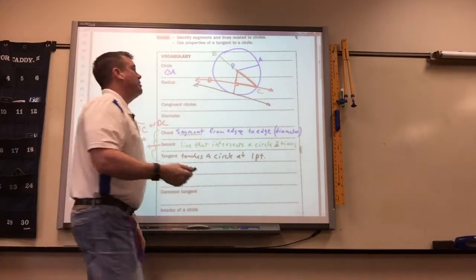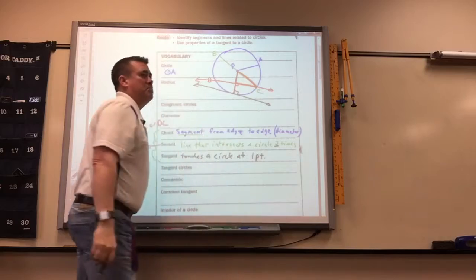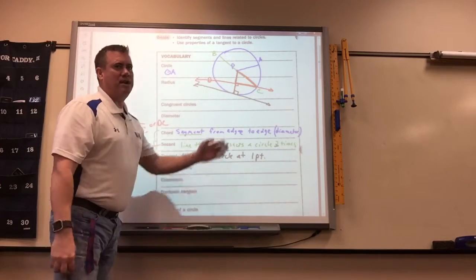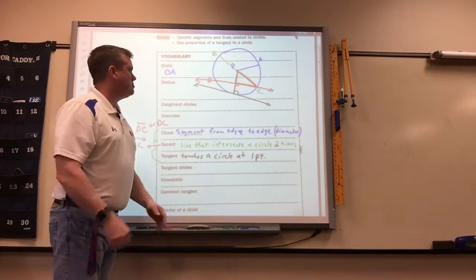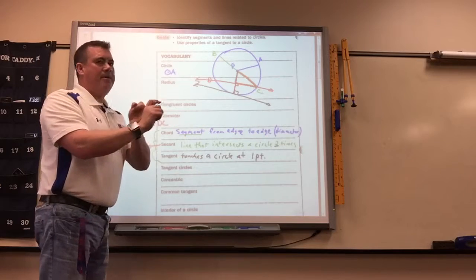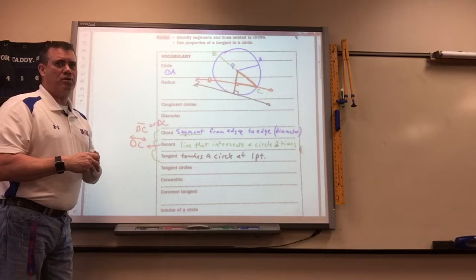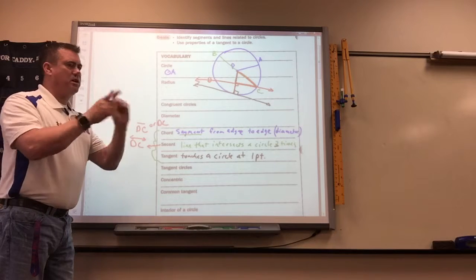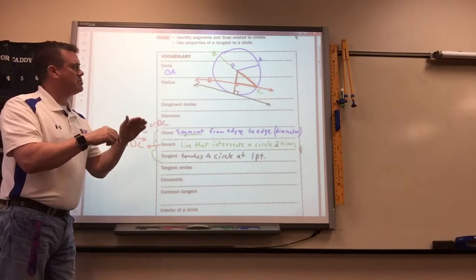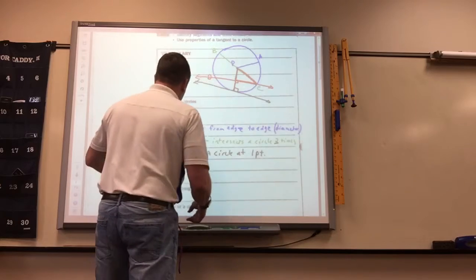So once again, if you draw a radius and a tangent, they will always be perpendicular. So what we're going to get is more right triangles out of that stuff. So, radius, diameter, everyone knows. Chord, secant, tangent, you're going to have to remember what those are. A chord starts and stops, touching each side. A secant cuts through it in two spots. A tangent touches at just one spot. Okay.